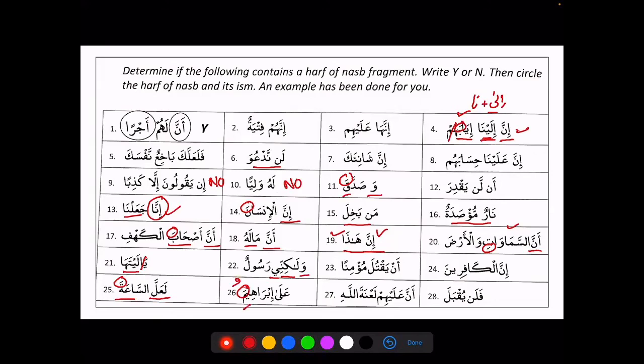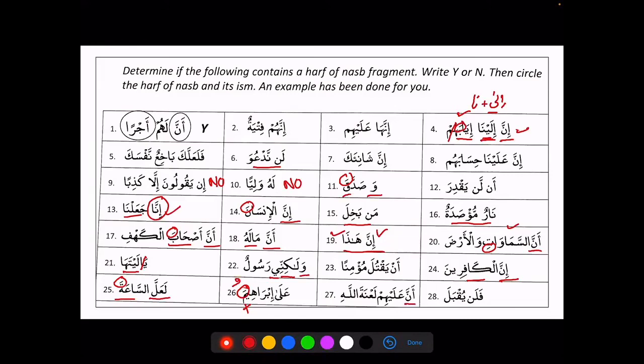Okay, next one. Ay yuqtala mu'minan. No, Ana is not harf of nasab. Very good. Innal kafirina. Yes. So inna is harfu nasab and kafirina is ismu inna. Anna alayhim la'natallahi. Yes, Anna is harf of nasab.